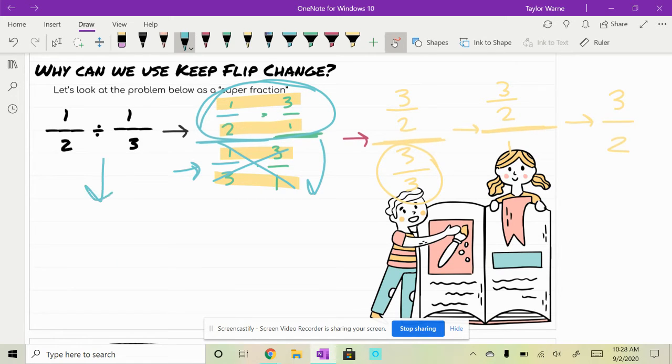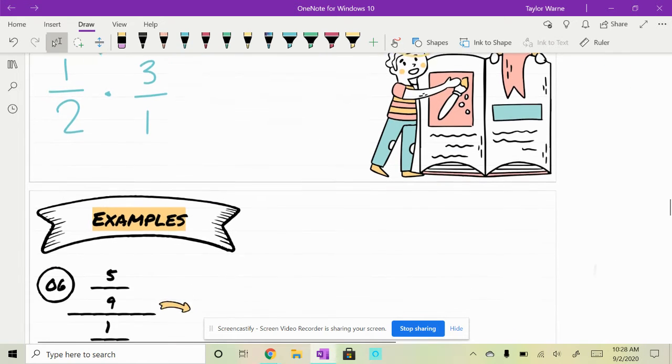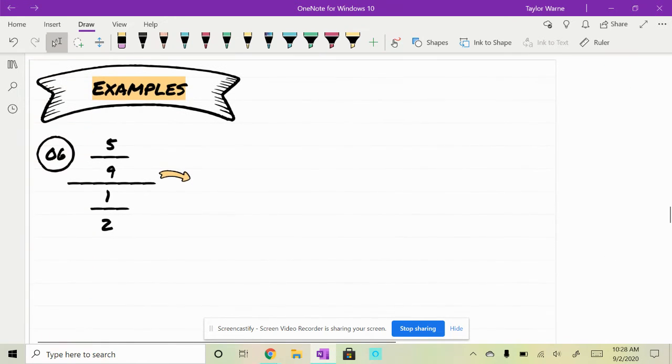If I were to keep my first, flip my second and change my sign to multiplication, these are the same problem. Okay, so that's why we can actually use this keep, flip, change method. So just keep that in mind. I wanted you to know how it works.